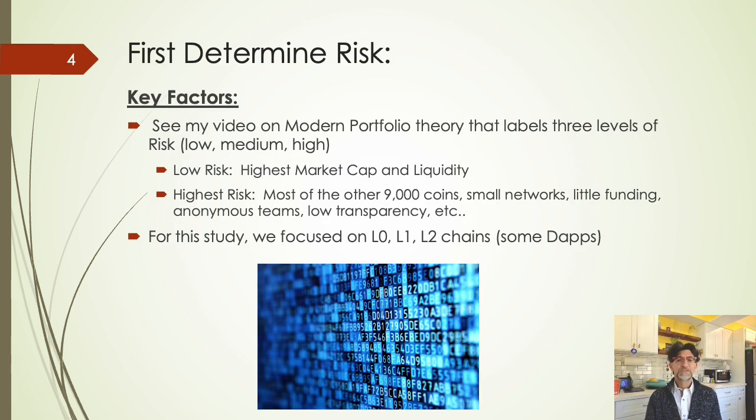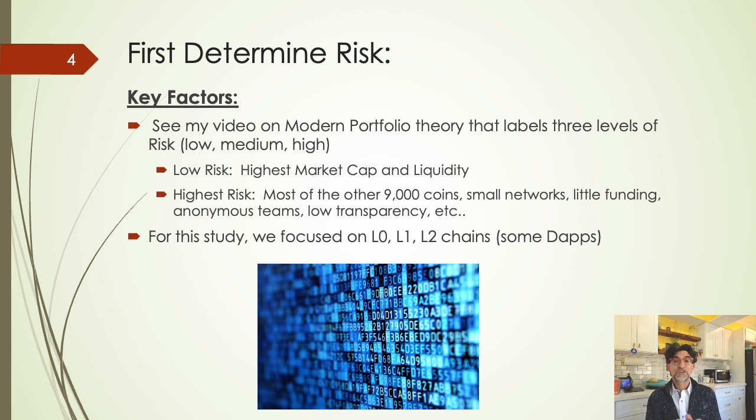So now, if you're determining the valuation of a company, of a token project, you need to consider how risky it is. We already talked about it in the previous slide, that it seems like, actually more than seems, it is riskier than a common stock. And it's riskier even than a high yield stock.